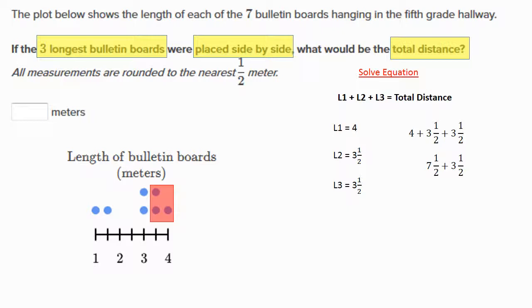So 4 plus 3.5 gives us 7.5. Now we have to add 7.5 and 3.5, and we end up with 10 and 2 halves, which becomes 11. So we can say that the total length of the 3 bulletin boards placed together was 11 meters.